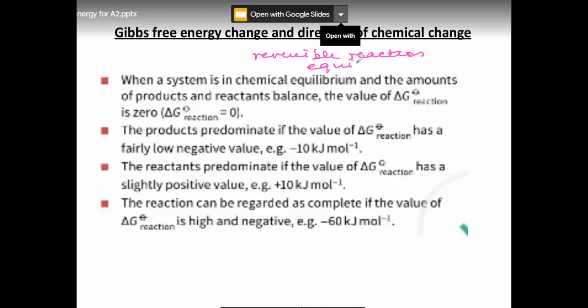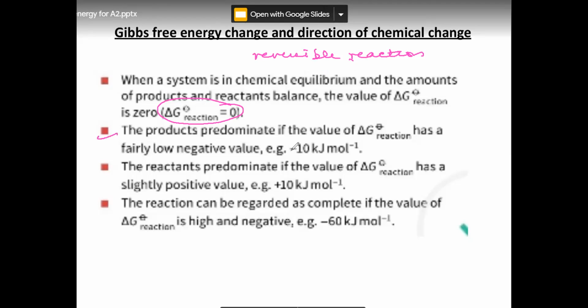At equilibrium, the values of the forward reaction and the backward reaction cancel out. So Gibbs free energy at the equilibrium state is going to be zero, because the forward and backward values cancel out.